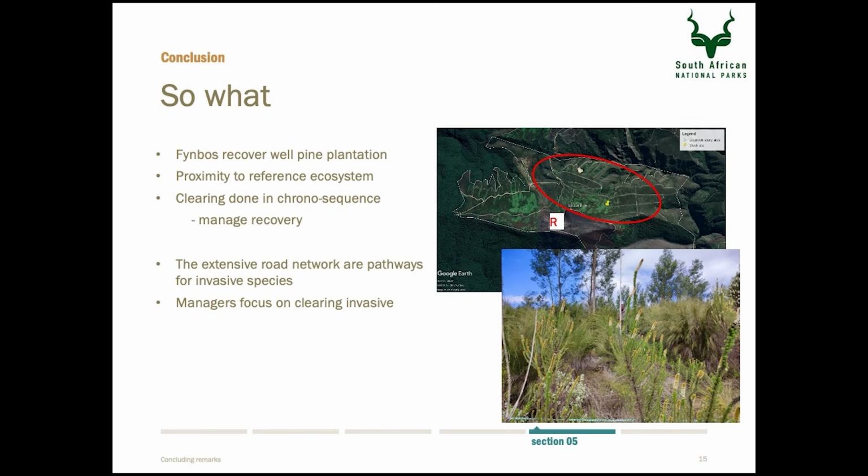Because some of the clearing was done in chronological order, certain areas, while they were recovering, had the opportunity to also have alien plants cleared. So they didn't just clear once and then leave that area. It meant they had more opportunity to come back and clear aliens when they clear-felled the next area.